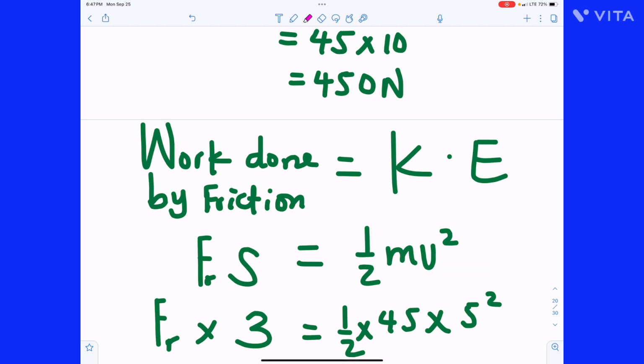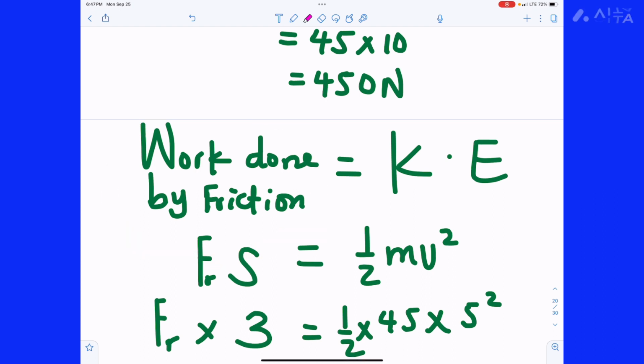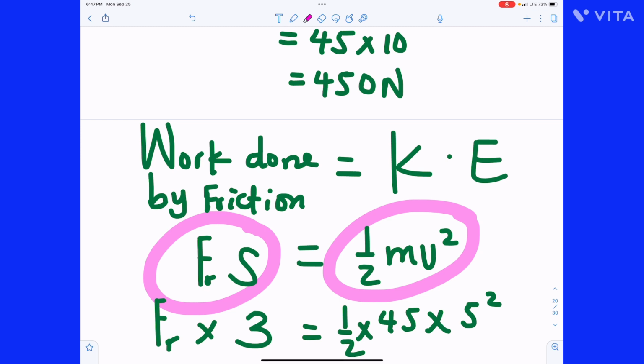Kinetic energy is an energy possessed by a moving object. So for the kinetic frictional force to pull it down to rest, the friction must do a work which is equal to that kinetic energy of the body.